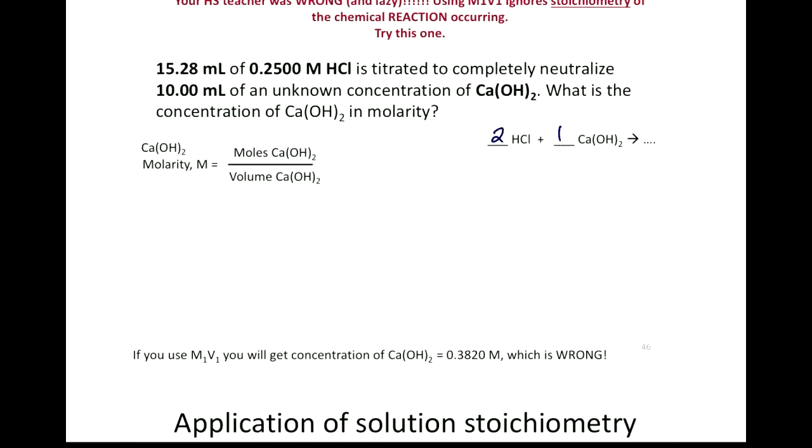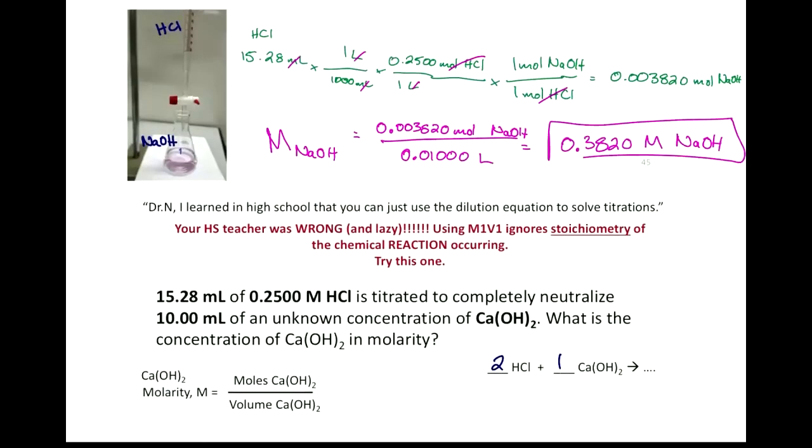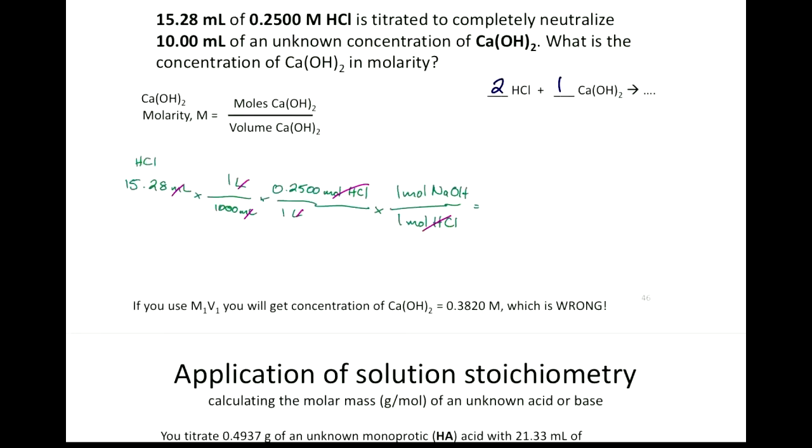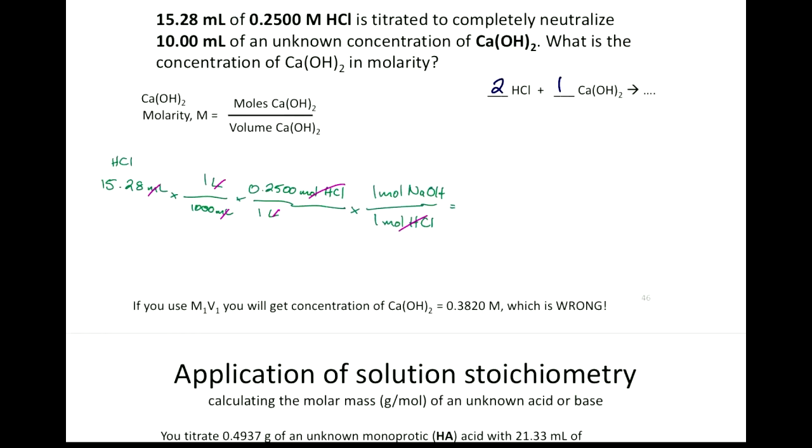So the idea here is we'll start this off the exact same way. But instead of going to moles of sodium hydroxide, we want to go to moles of calcium hydroxide. Oh no, sorry, it's the wrong way.